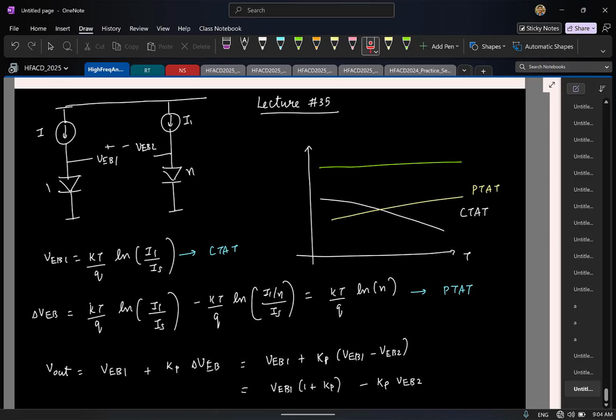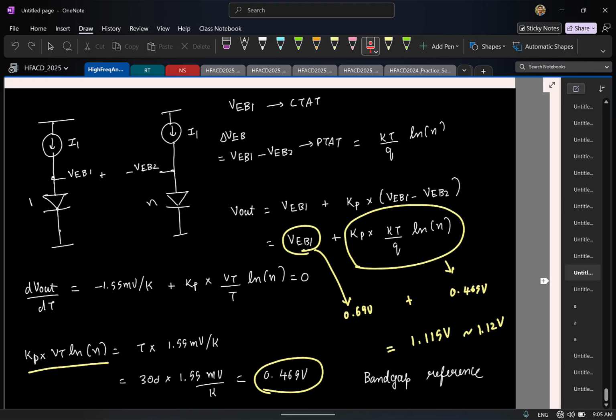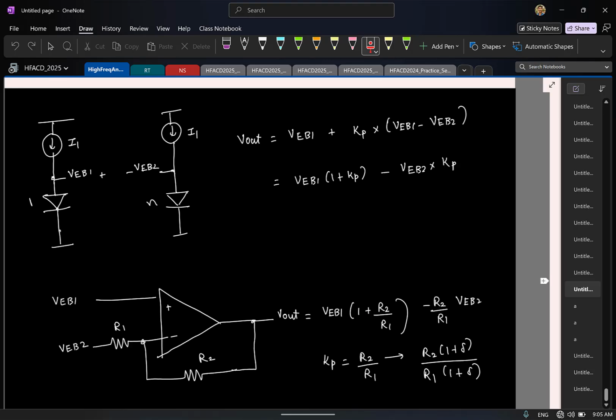So which means to get this output, Vout, I should take VEB1, process it by a gain of 1 plus Kp, VEB2 process with a gain of minus Kp, and this you can simply do using non-inverting and inverting amplifier stages. I think that's what gave rise to this structure here. So I take VEB1, give it to the non-inverting structure, VEB2 give it to the inverting structure, and get this. So the gain I have here is R2 by R1. Right?